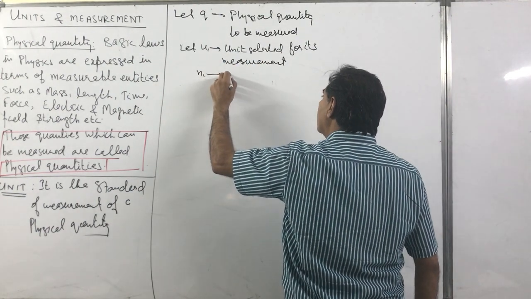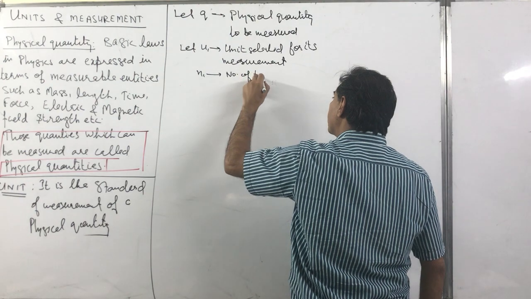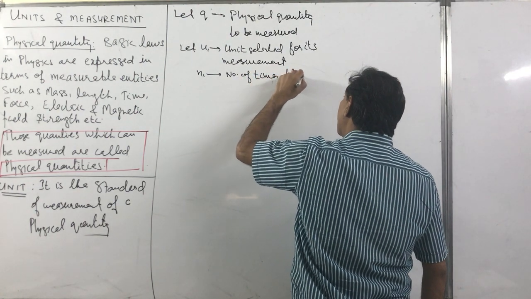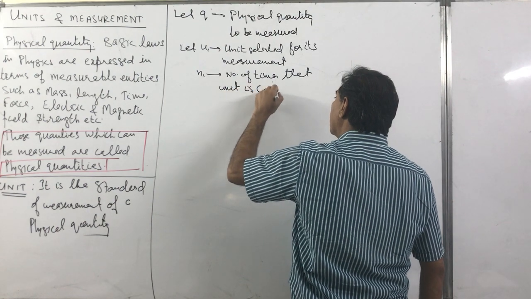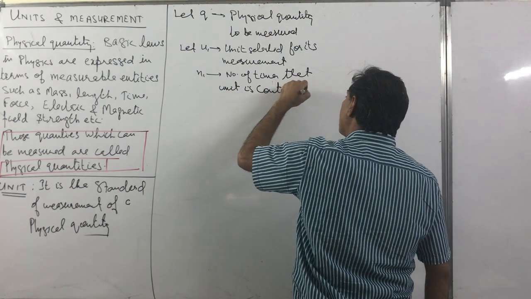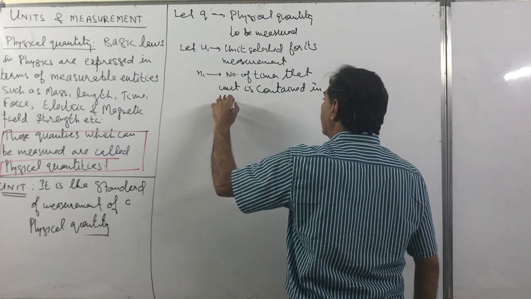And N1 is the number of times that unit is contained in the physical quantity.